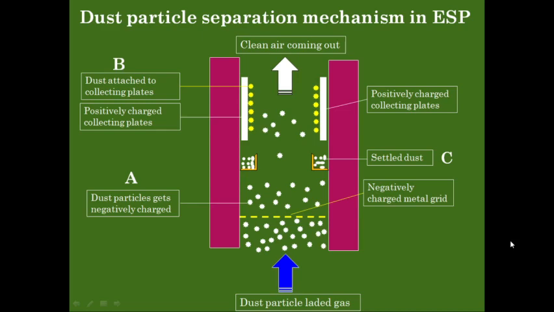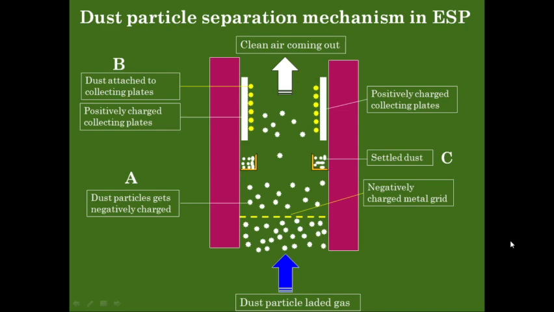The concentration of dust particles in a cement industry is very high, and in such cases baghouse filters or cyclone separators will not work, because the concentration is so high that it cannot be handled using wet scrubbers or gravity settling chambers. In that case we need equipment which is very efficient and very quick in separating dust particles from the polluted air.